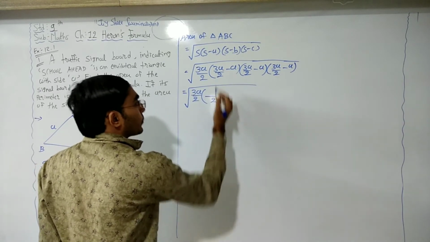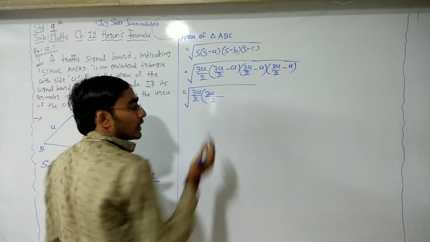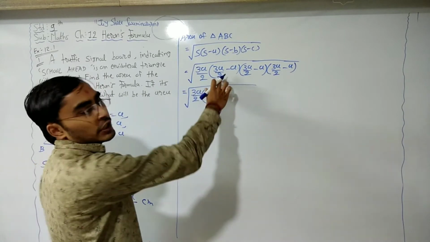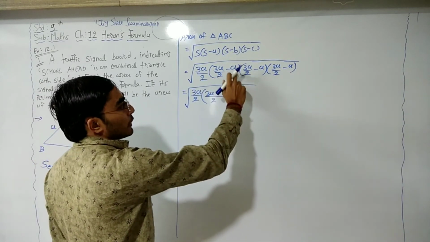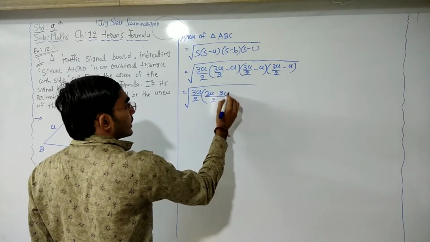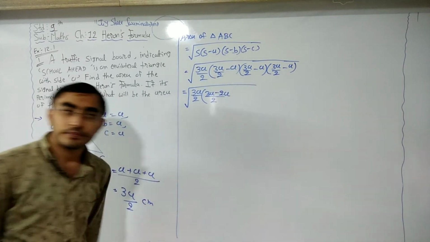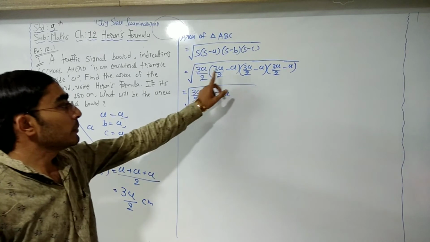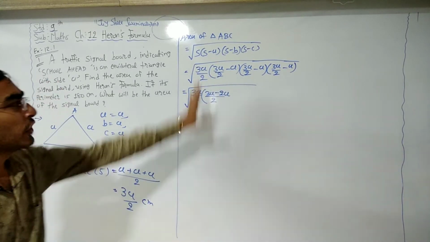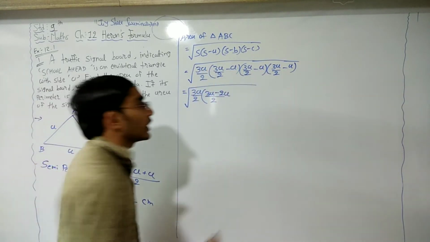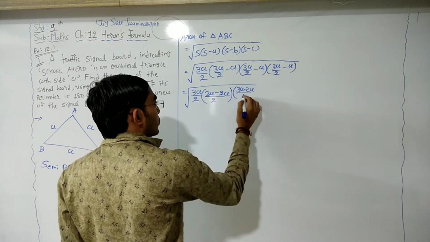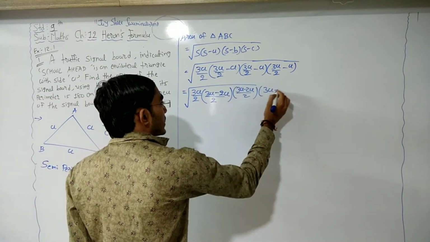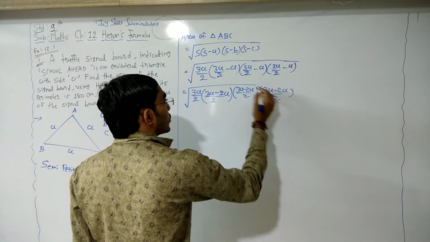This is the process of LCM. First, 3a stays as it is, because it already has the denominator 2. But a does not have the denominator 2, so multiply by 2 and divide by 2 to get 2a, and we have the negative sign: 3a minus 2a by 2. The same process we need to do in all these brackets, so we write 3a minus 2a by 2 here, and here also 3a minus 2a by 2.